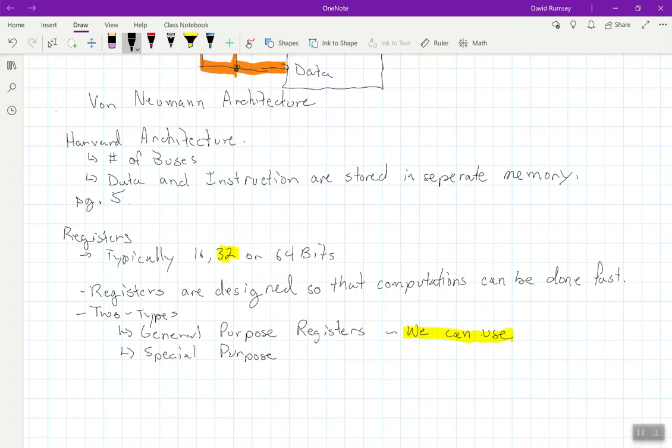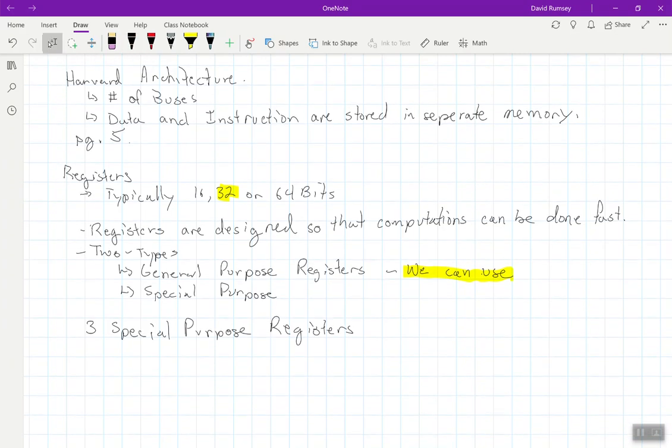So for our processor, we have 3 special purpose registers, and they are the PC, the LR, and the SP.